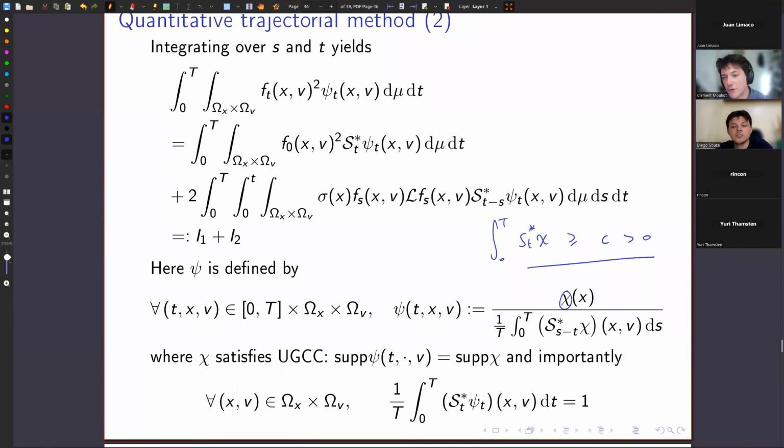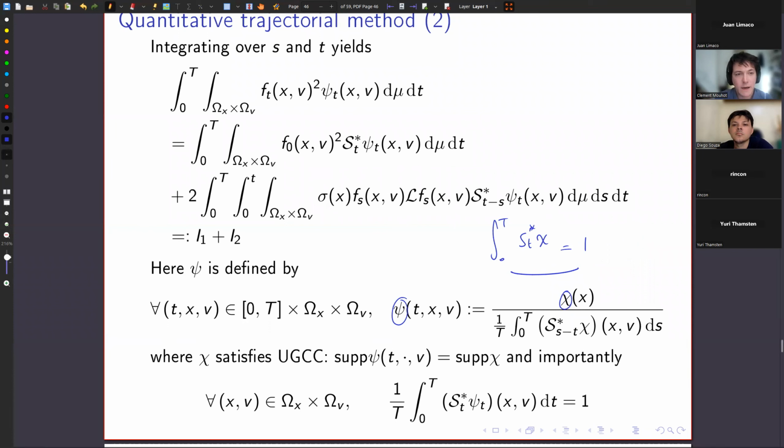So this is the control condition written slightly more abstractly. You look at it along the characteristics. The function psi is literally just a normalization of that. It's built so that instead of C, you get exactly 1 all the time. The fact that you can do that is very nice, and it's due to the reversible nature of the transport part of the equation, only the transport operator.